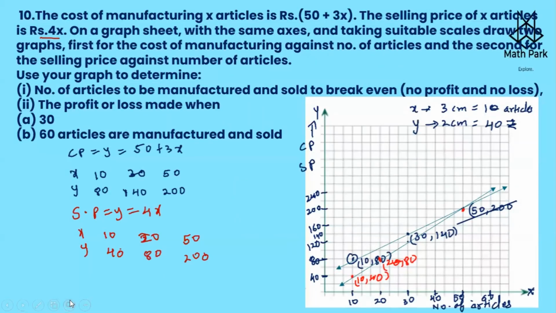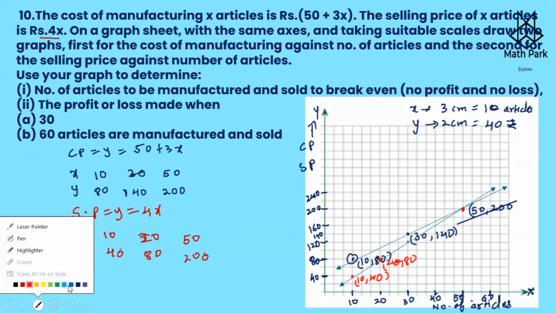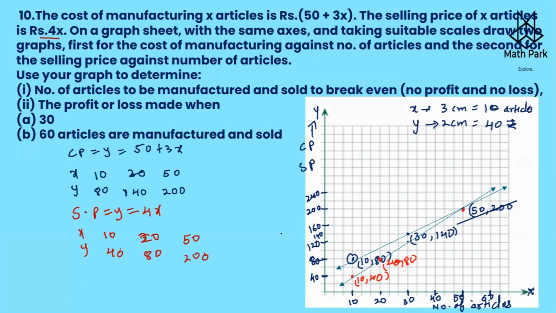So this graph which is below is for selling price, and the previous graph was for cost price. The question asks the number of articles to be manufactured and sold to break even.